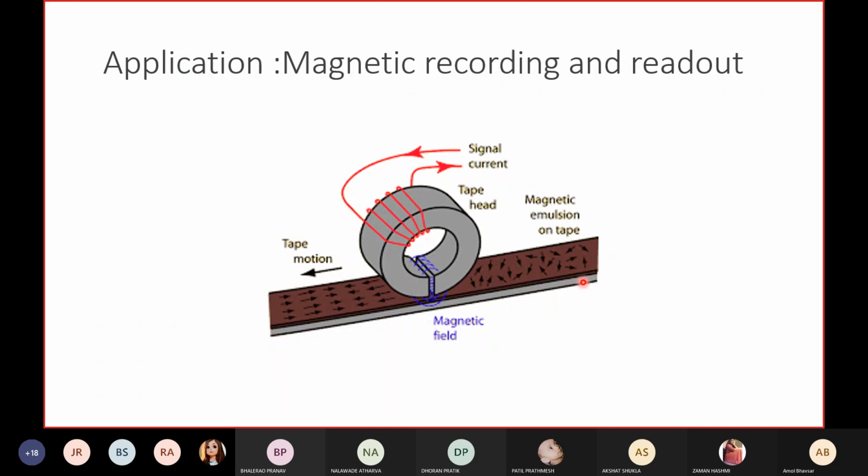These dipole moments are randomly oriented on the magnetic tape, but as soon as they pass through this magnet, they are aligned in a particular direction, and accordingly the electrical signal is stored in this magnetic orientation. So we used this technology earlier for storing information in the magnetic field.